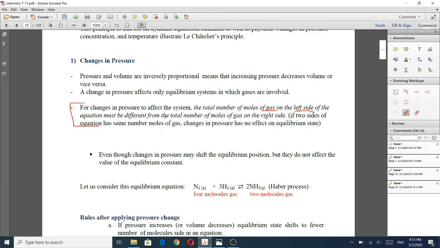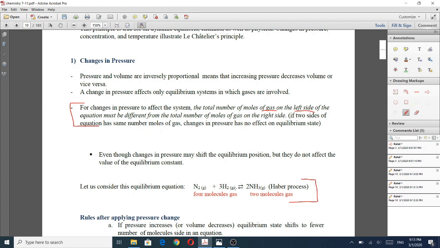If we look at this reaction for an example, which is the Haber process, this reaction has 4 moles of gas on the reactant side, while 2 moles of gas on the product side. So if the question asks what happens if we increase pressure on the system, you have to look at the number of moles of gas in each side of the reaction.